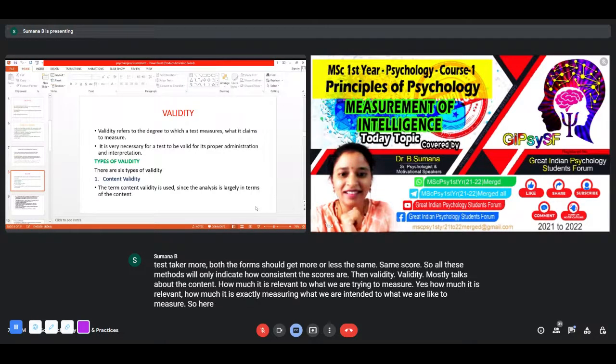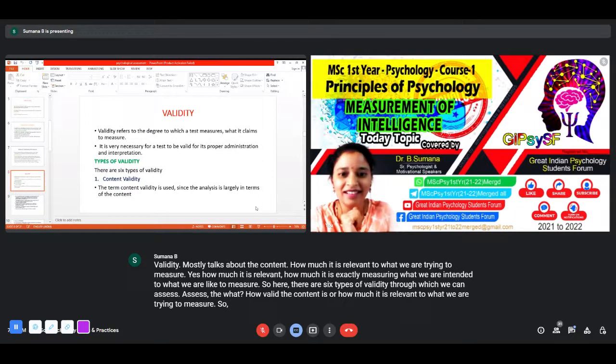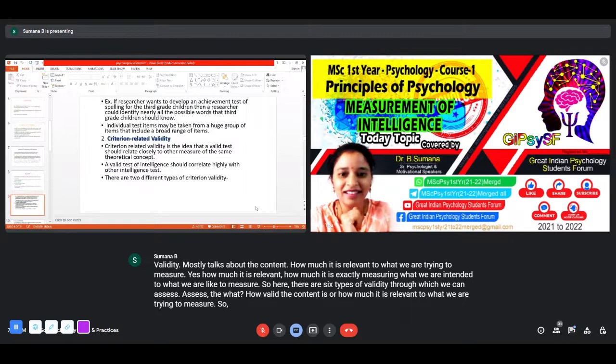Here there are 6 types of validity through which we can assess how valid the content is, or how relevant it is to what we are trying to measure. Mostly we are checking for the content.